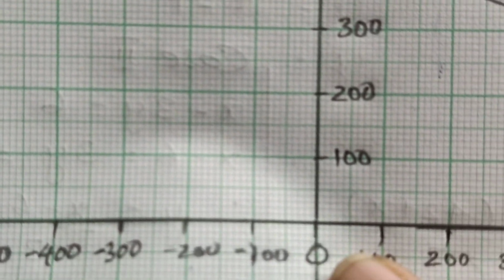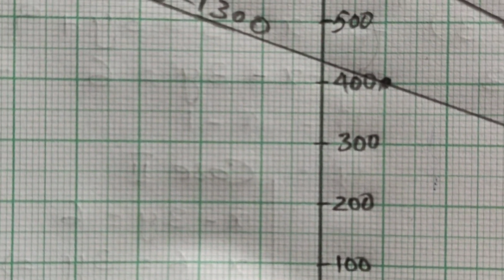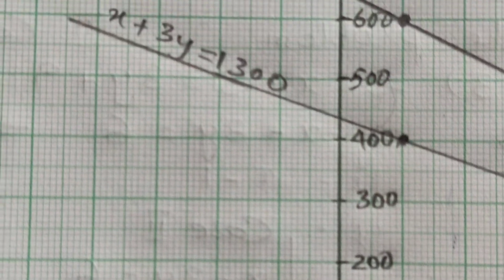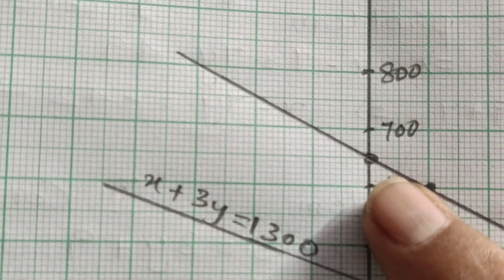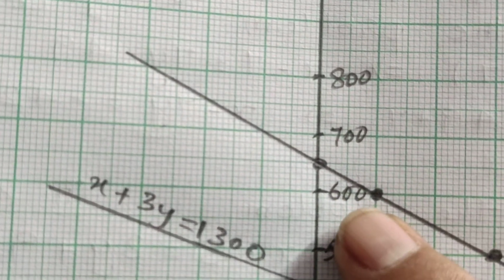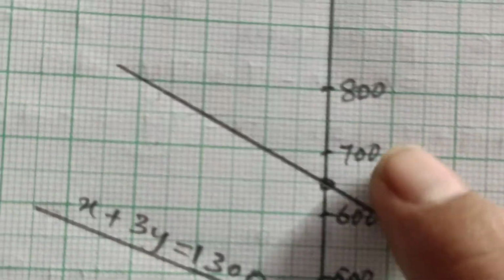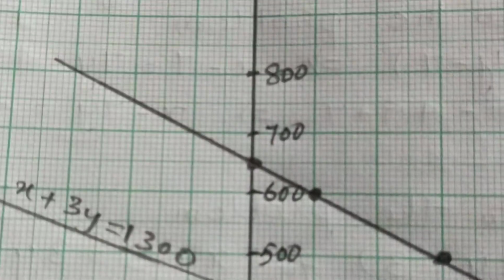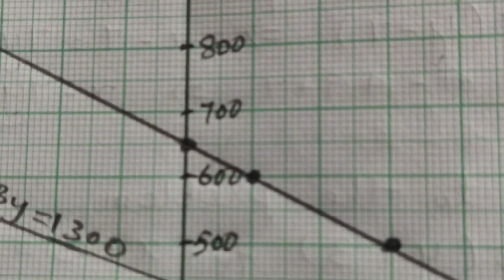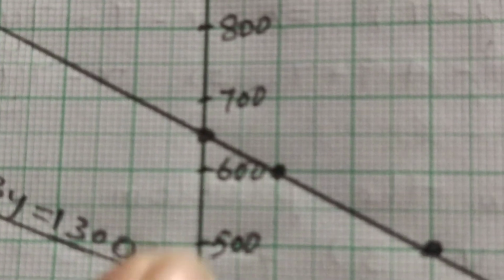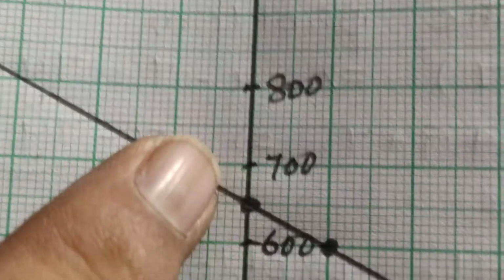Where does it lie, on the y-axis or x-axis? x is 0, that means it lies on the y-axis. So where is 650? Here it is 650, because 650 lies between 600 and 700. Is it clear?